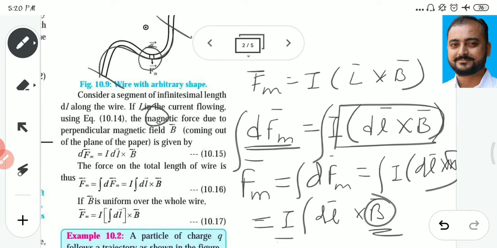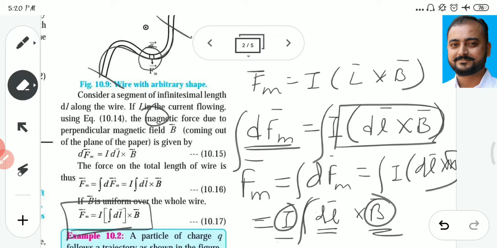As they are not changing, we keep them constant. But which one is varying? dl may vary here. And so in such a case your equation becomes I times the integration of dl cross B bar, like this. Okay, this is your relation.